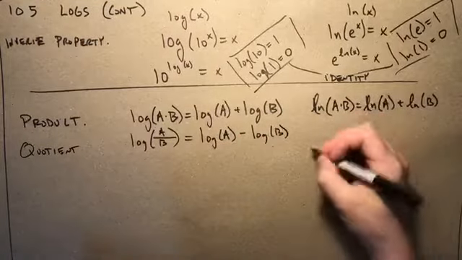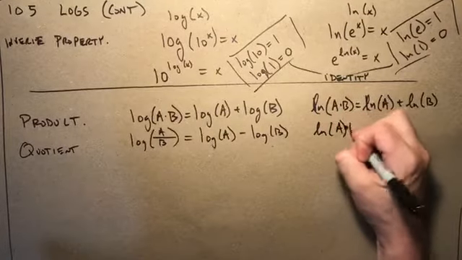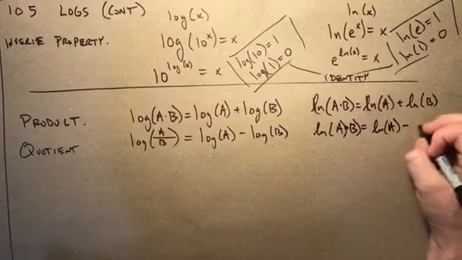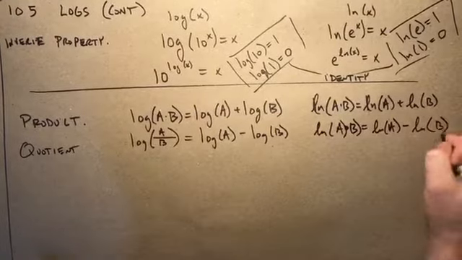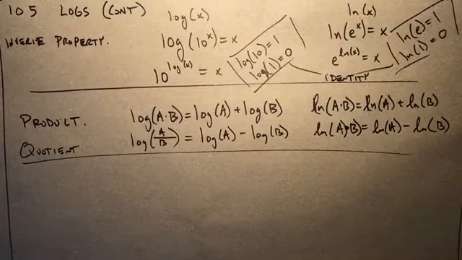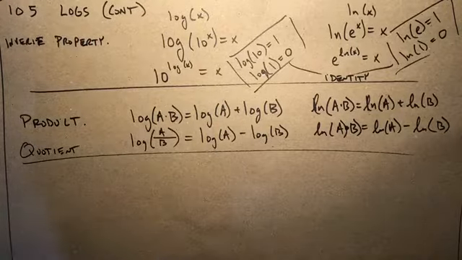And just like for natural logs, the natural log of a over b is equal to the natural log of a minus the natural log of b. I think of those two inside the same grouping of rules. I think that the most important rule is about to come.